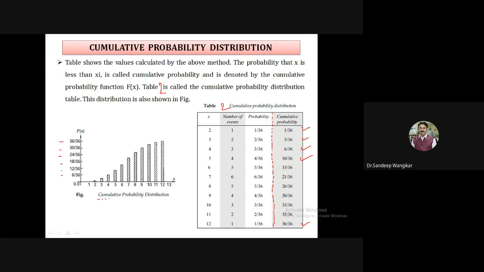The table is called the cumulative probability distribution, and the graphical representation is shown in this figure. So this is also the cumulative probability distribution. So we have discussed what is probability distribution, how it is taken, what are the events, and how we can calculate the probability up to a particular number.